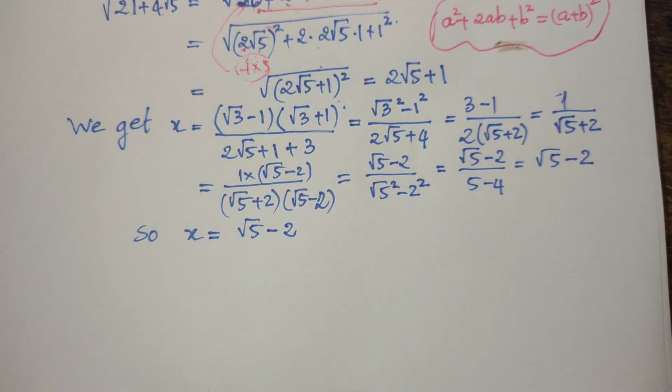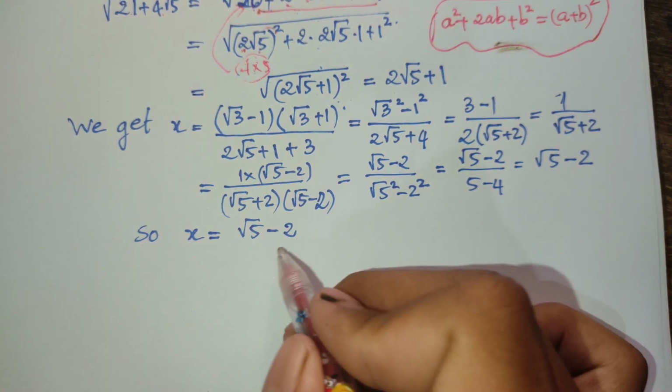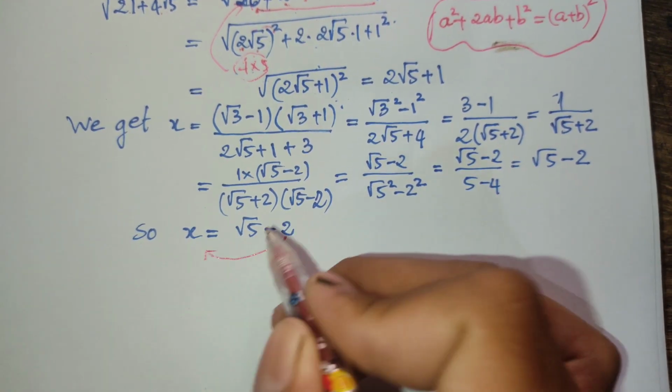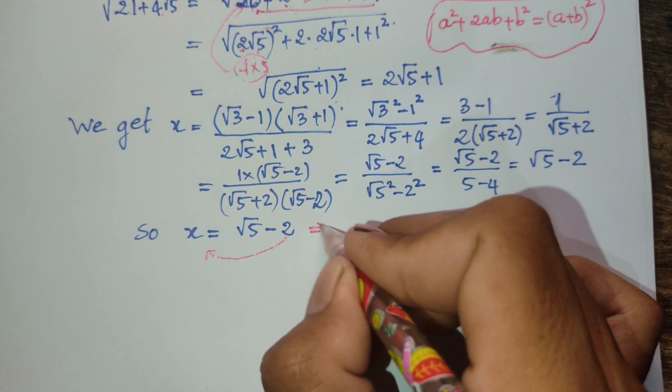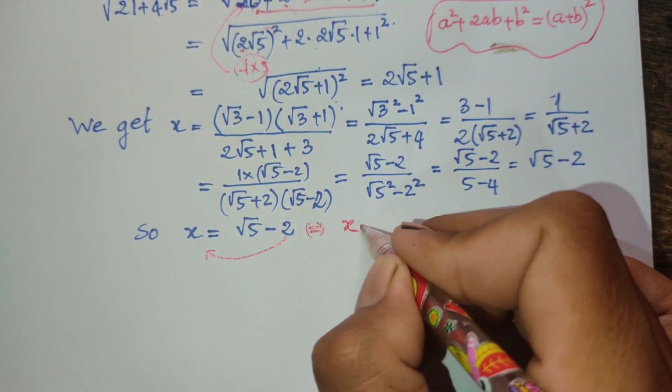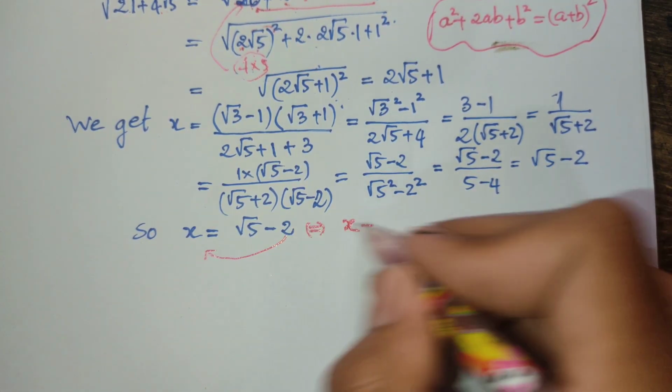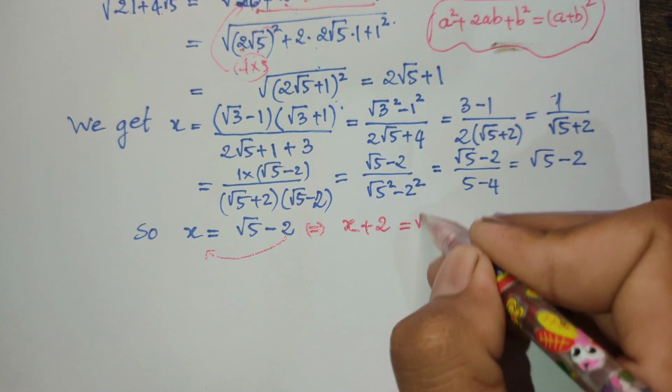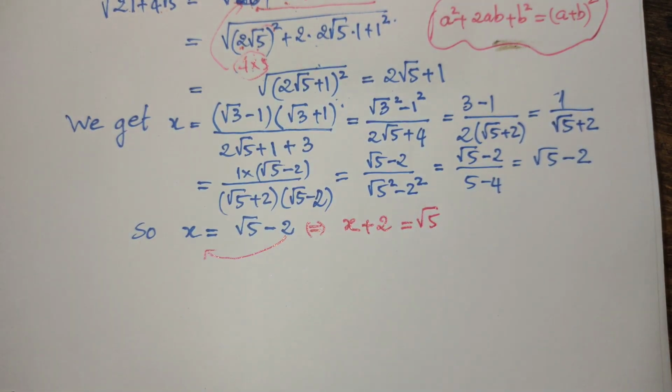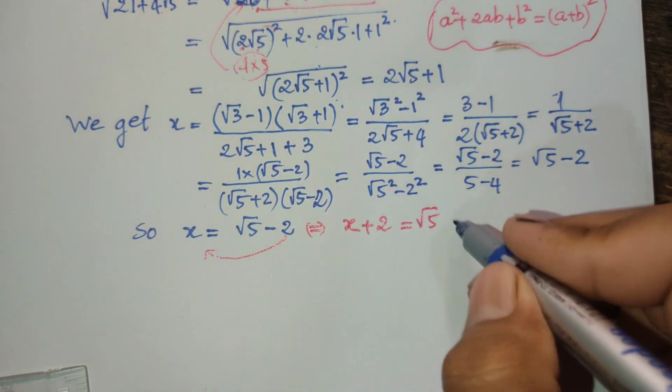And now I move 2 from the right-hand side to the left-hand side. So we get x plus 2 equals square root 5. Now we can square both sides of this equation.